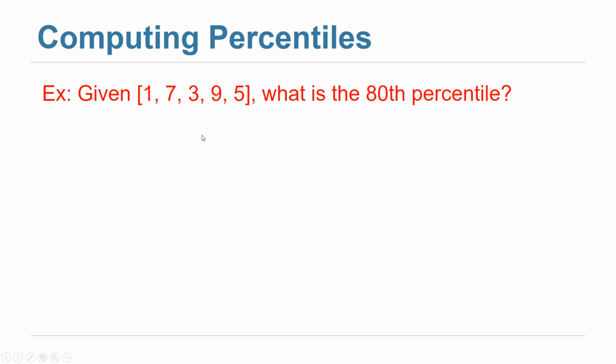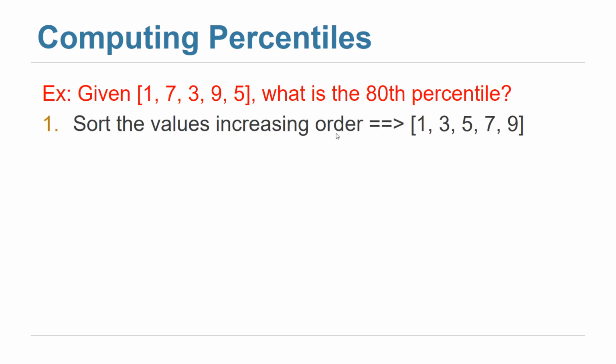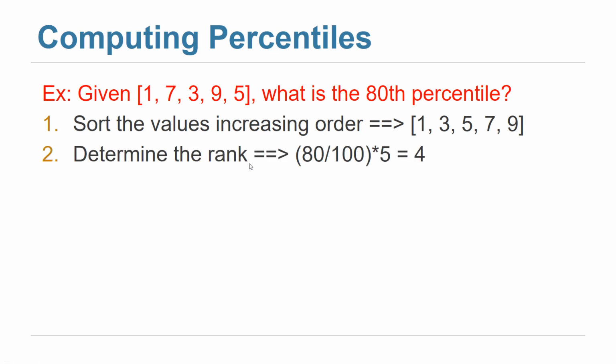Let's say that we have this array 1, 7, 3, 9, 5 and we want to get the 80th percentile. The first step is to sort the values in increasing order. So we'll have the array 1, 3, 5, 7, 9. That's the sorted order of this array in increasing order. The second step is to determine which rank we should look at.